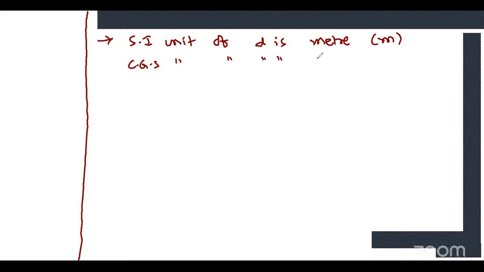So I can say the SI unit of distance is meter. In short, I'll write it as m. And the CGS unit of distance is centimeter.